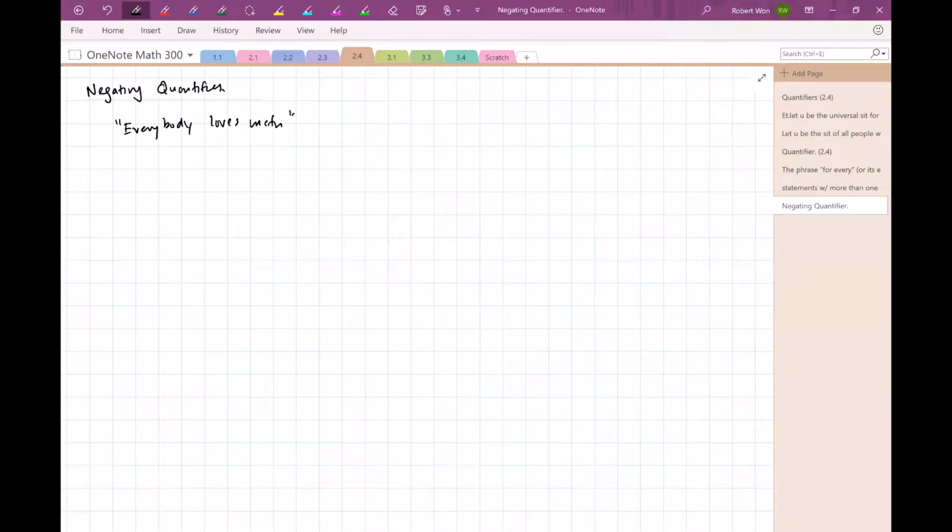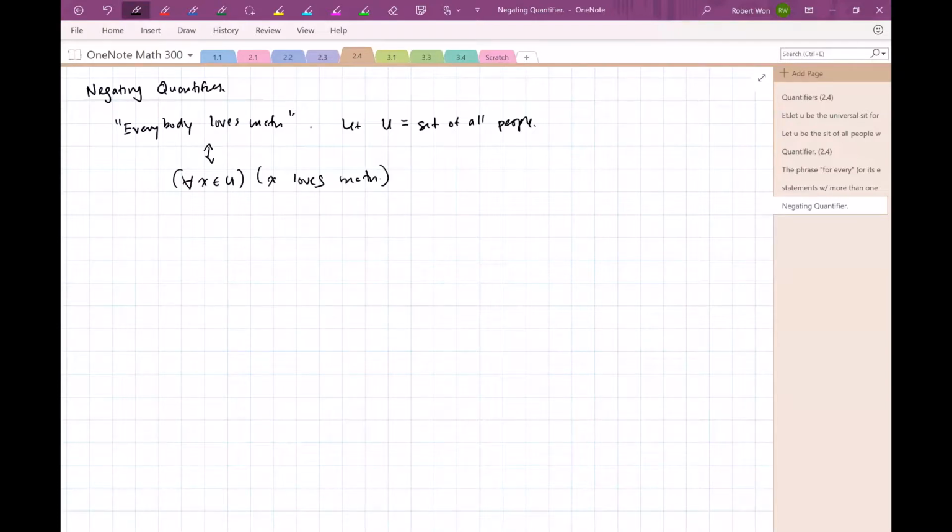One way that we could talk about the sentence is we could write it symbolically. So we could let U be the set of all people. Then this statement becomes, for all x in U, x loves math. This is one way to write everybody loves math.